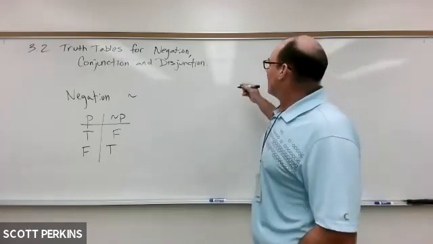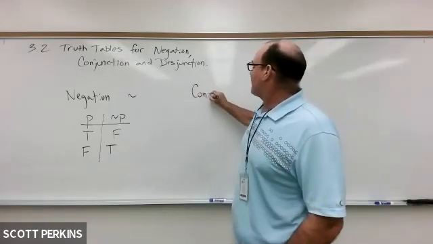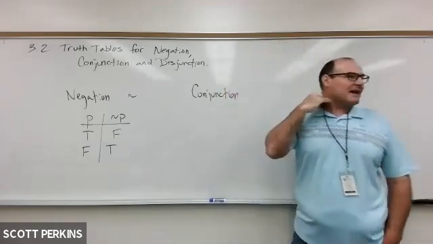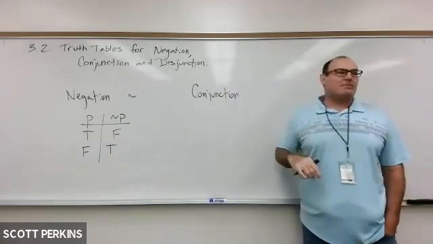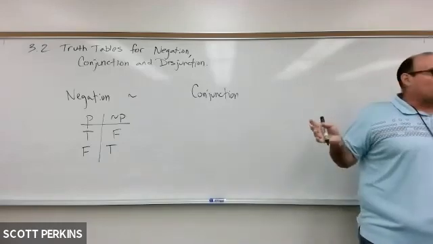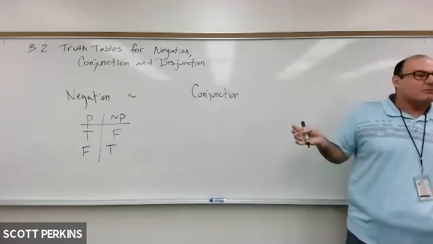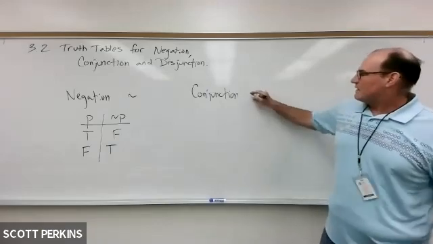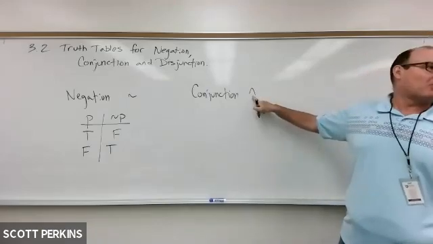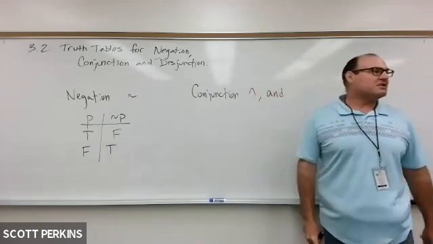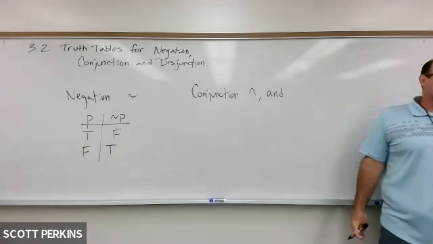The next one we're going to talk about is the conjunction. Okay, I'm just quizzing you a little bit. Does anyone remember I wrote on the board 3 words, but there was 1 word that represents the conjunction most of the time? Yes. So the caret is the symbol for it, and the word "and" is the most commonly used word for the conjunction.